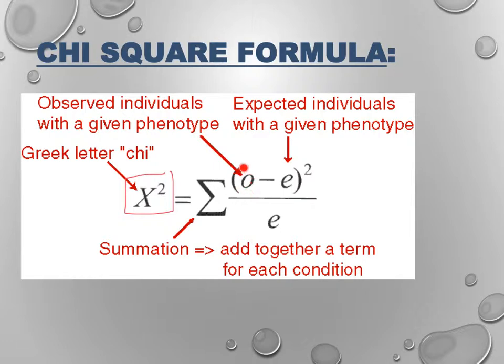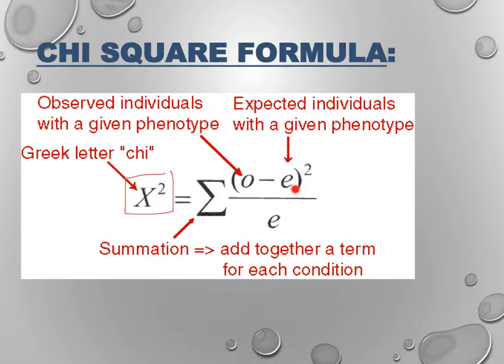Your O represents your observed individuals with a given phenotype. Now we're saying phenotype because the examples that we're using are genetics problems, but remember, it doesn't have to be genetics based. So it could be the observed individuals that performed a certain task or exhibited a certain behavior, like moving over to the wet side versus moving over to the dry side.